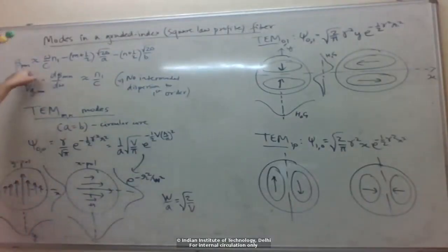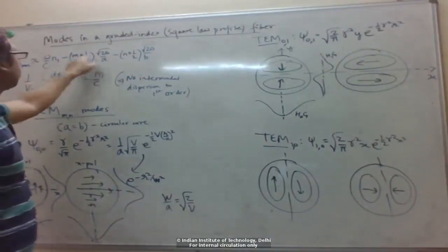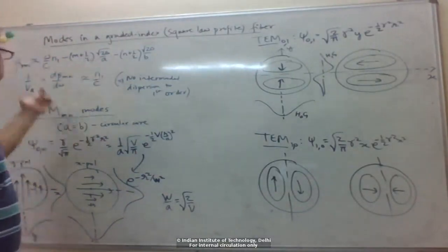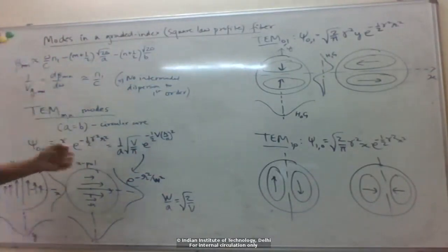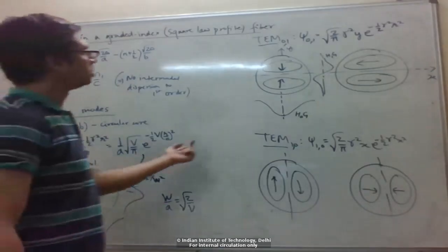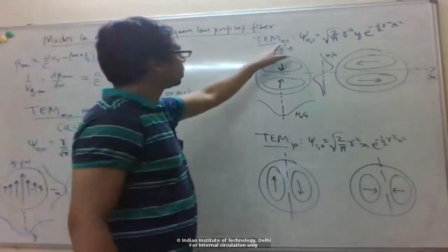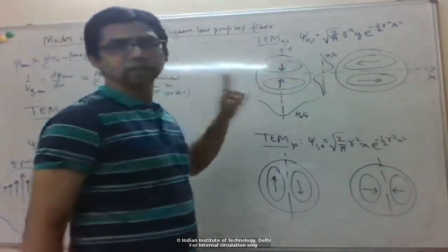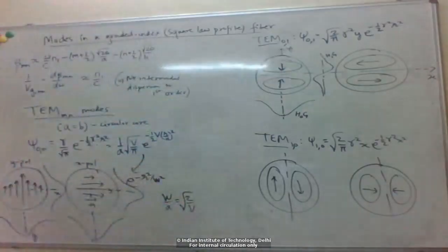Okay, so you can see the degeneracy here is much higher. I mean, modes with the same m plus n have the same value of beta, so they're degenerate. Okay? So for example, if I go to the next, so if I go to 2, so 0, 2, 2, 0 and 1, 1. All these three modes will be degenerate.